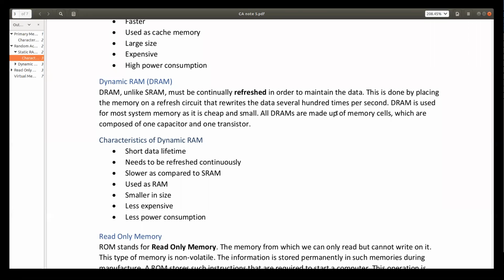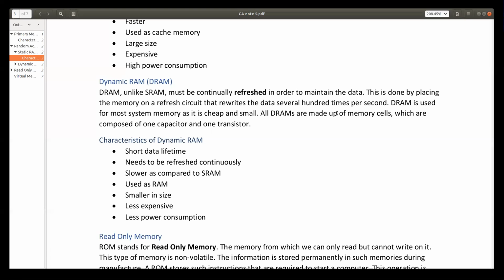That thing happens because of the technology of the dynamic RAM, right? This is purely electronic. It happens because of the technology used in the dynamic RAM. So basically, in dynamic RAM, we use capacitors. The basic nature of the capacitors is that they need to be refreshed periodically, right?